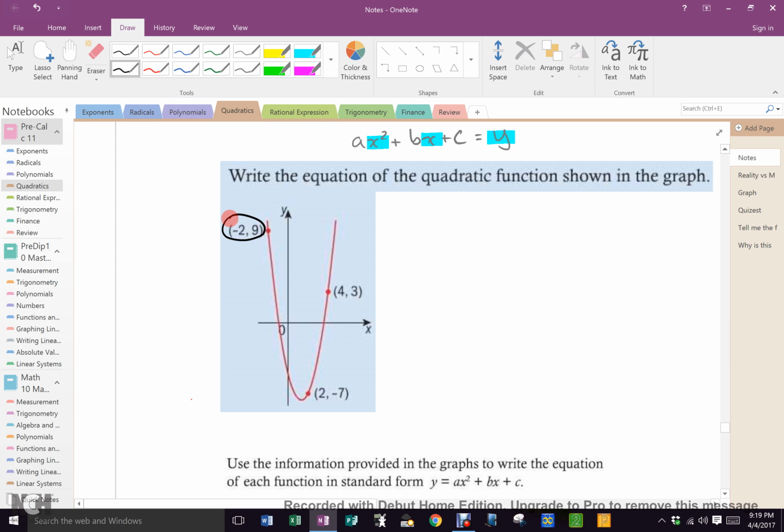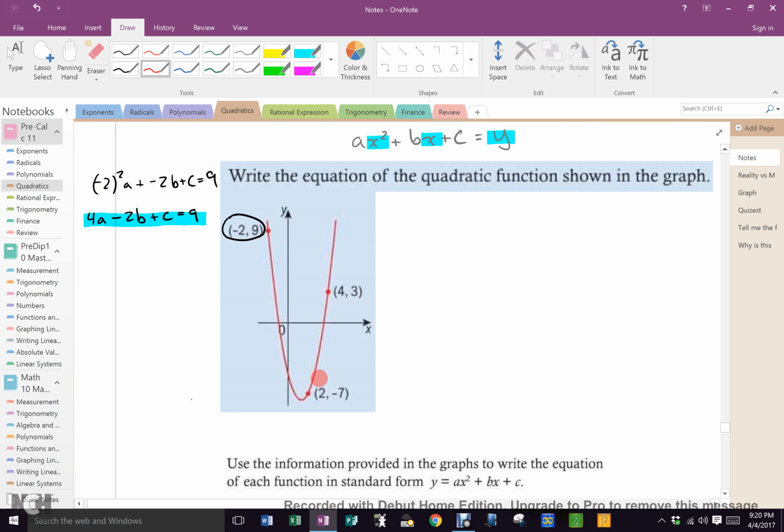This one I'm going to write in black. There's an x, there's a y. There's an x, there's a y. So I'm going to get negative 2 squared a plus negative 2b plus c equals 9, my y. Work that out. 4a minus 2b plus c equals 9. That is equation 1.